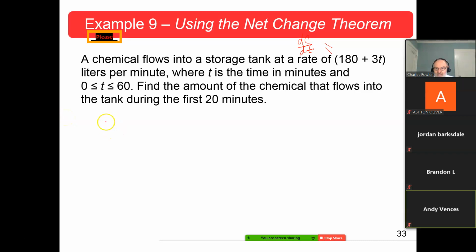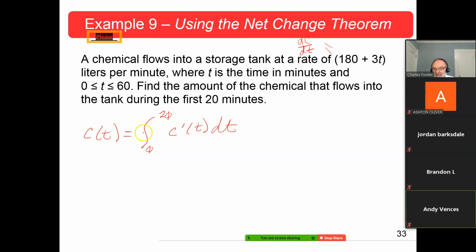Okay, well, what we're saying then is this is the time rate of change. So the amount of chemical, let's just call it C of t, is equal to the integral from 0 to 20 of your dC of t, so this would be C prime of t dt.